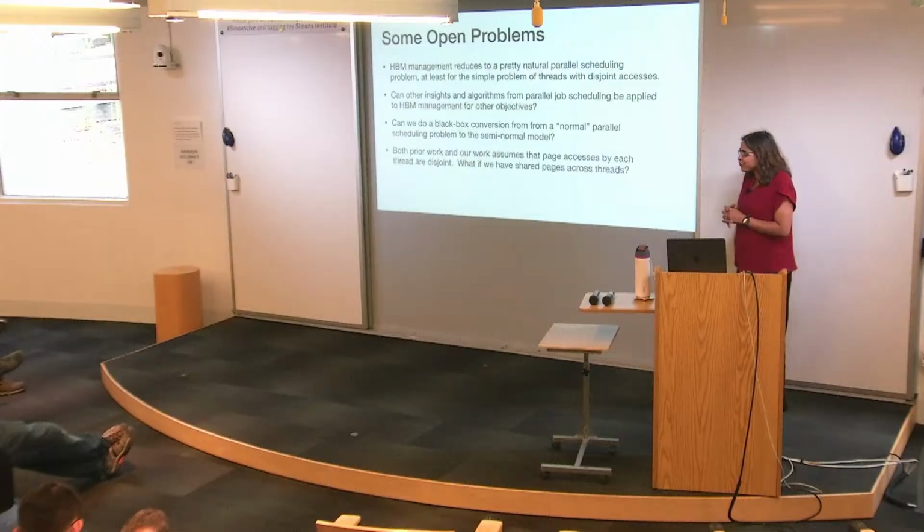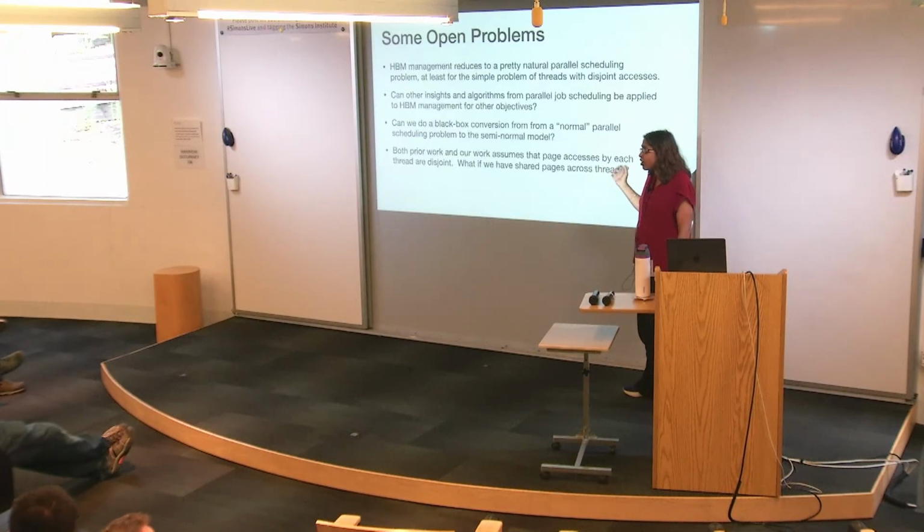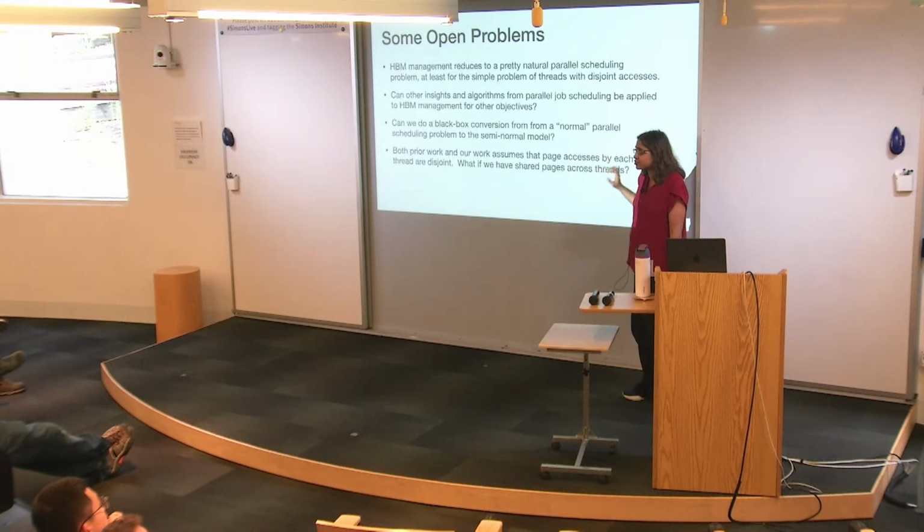Yes. So the model looks a little bit like a shared cache, where you have P processes accessing a shared cache. So in what ways does it differ from that? There are several ways, but let me just say for shared caches, even for disjoint accesses, there's a log P lower bound, even with resource augmentation for makespan. While for this one, for makespan, you can get order 1 competitive without resource augmentation.